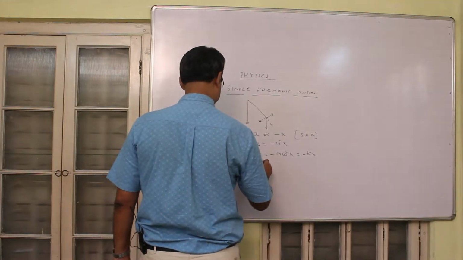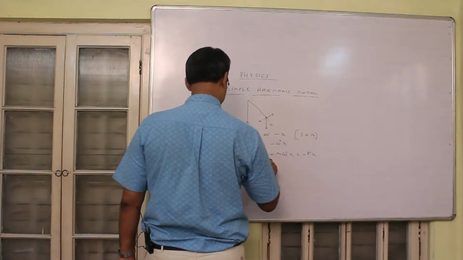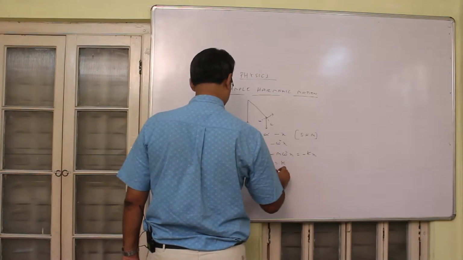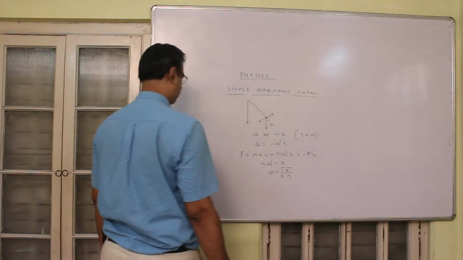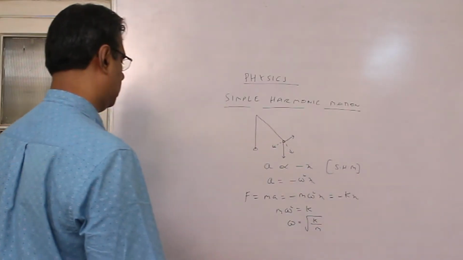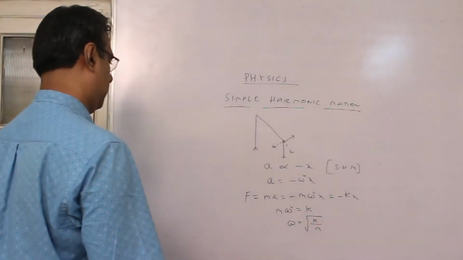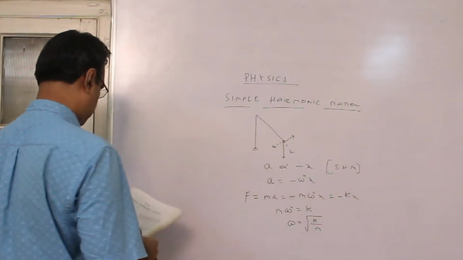So we can now say that m omega square is k. So omega is equal to root over k by m. So this will be the angular velocity, that is omega is equal to root over k by m.